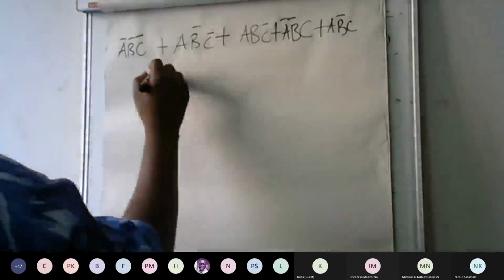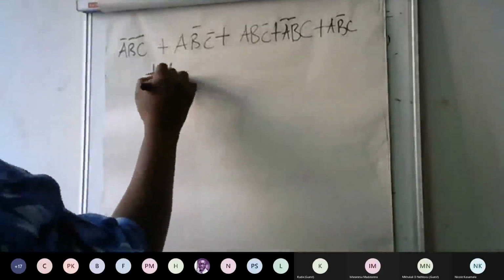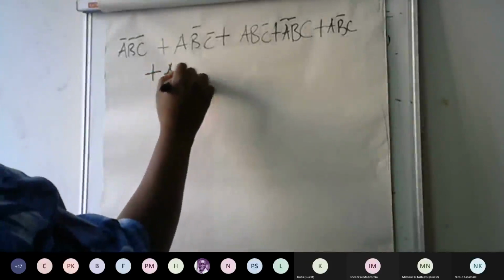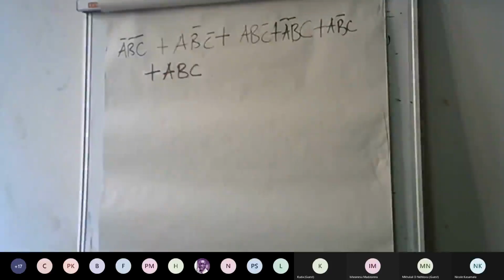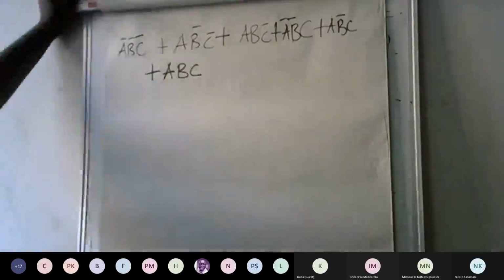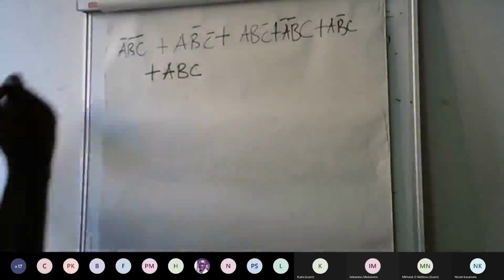Then I want to put something like A, B, C like that, so that I play around with that. So let me try to group these nice things.